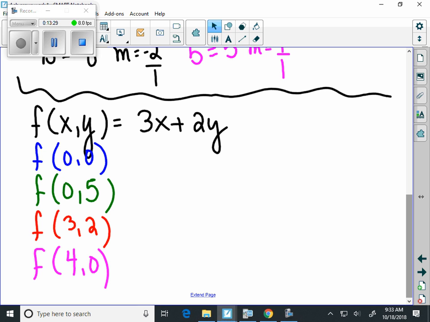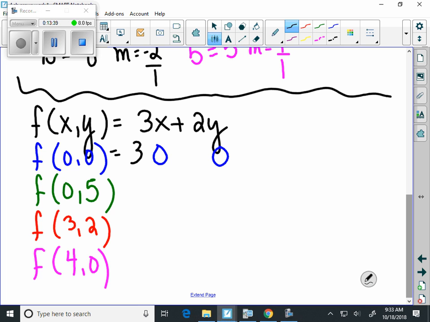So we're going to put 0, 0 back into our function. 0 is going to go back in here for x, and 0 is going to go back in here for y. What 0, 0 means is that we're making no corn muffins and no bran muffins, and consequently, we're making no money.